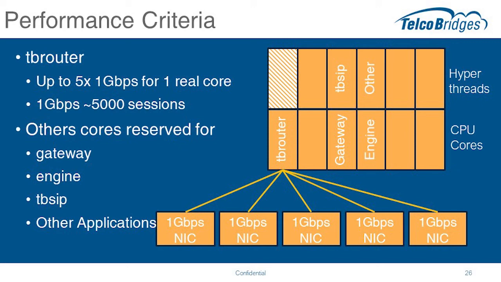Each of these 1 gigabit can do about 5,000 sessions of G711. If you use G729, G723, G728, you can do more sessions. Each of the interfaces can do more than 5,000 sessions. It's really a bandwidth issue here.